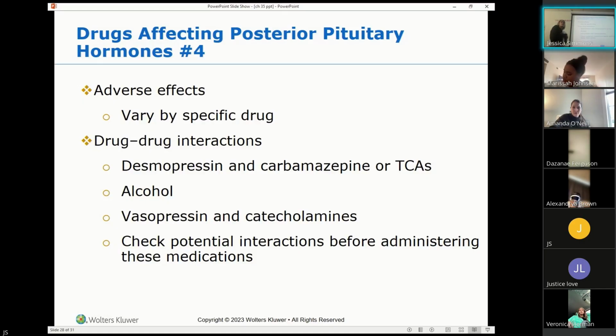Drug-to-drug interactions: desmopressin and carbamazepine or tricyclic antidepressants, alcohol, vasopressin and catecholamines because vasopressin has an effect on the catecholamines. And then check potential interactions before administering these medications with really any other medication. So this is when you call your pharmacist and you say, hey, my patient has a new prescription for desmopressin or DDAVP, or hey, we're starting them on vasopressin. Is it contraindicated with any of their other drugs? Okay.